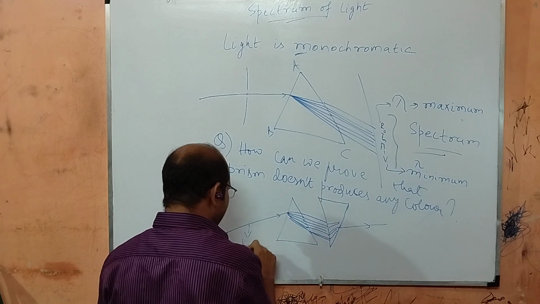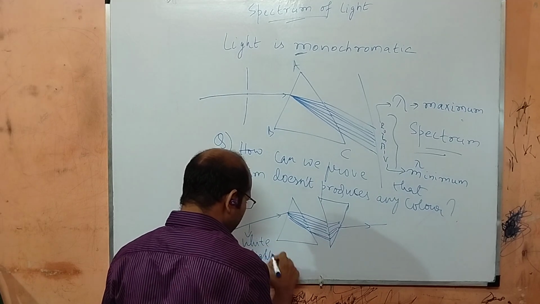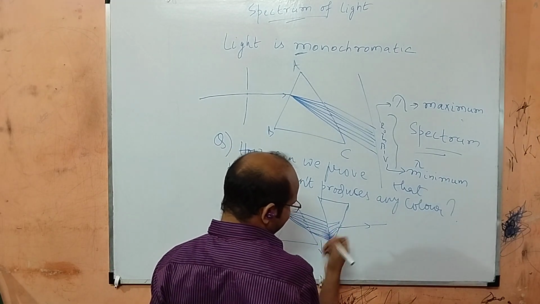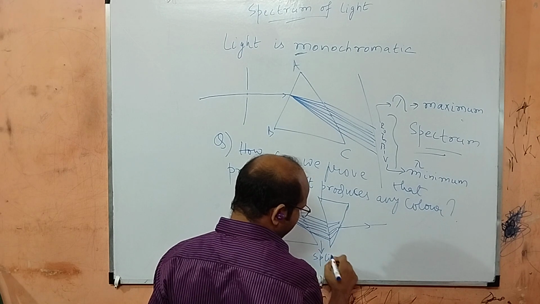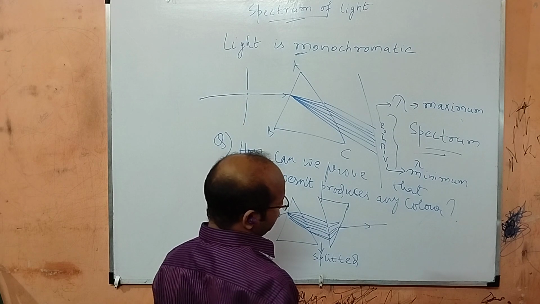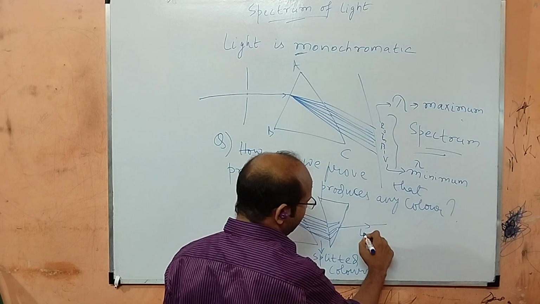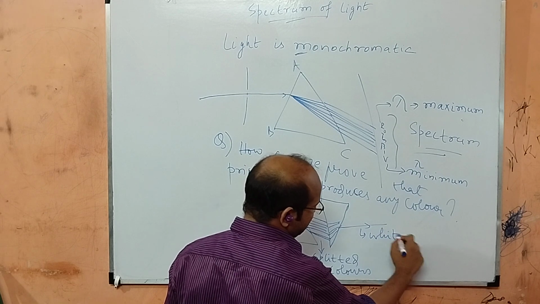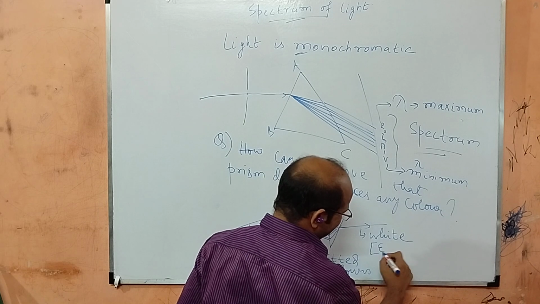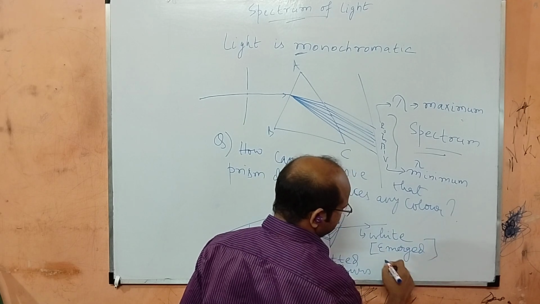So this was the white light, and these were the colors, the split colors, which formed the VIBGYOR, the pattern which we see in the rainbow. And this one is the white color which has emerged from the second prism.